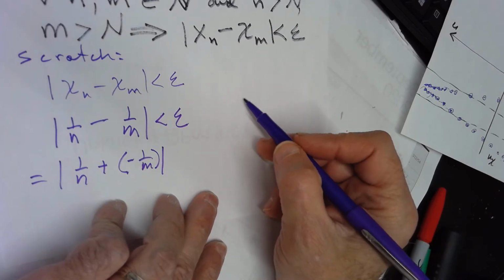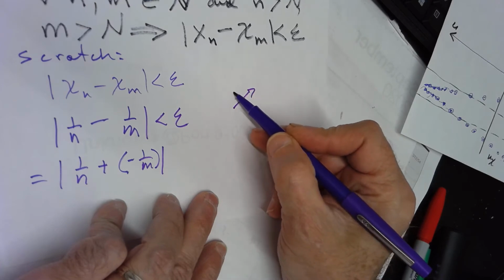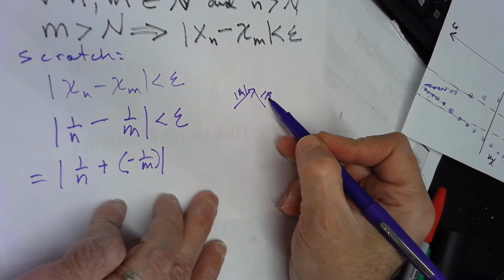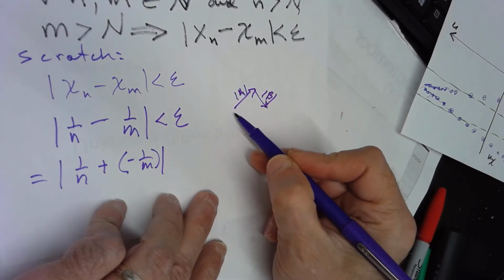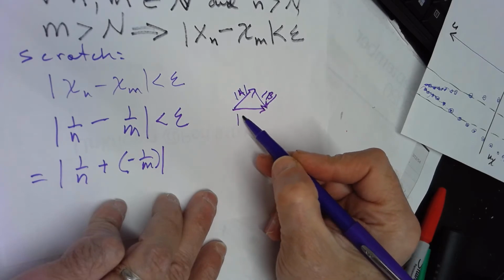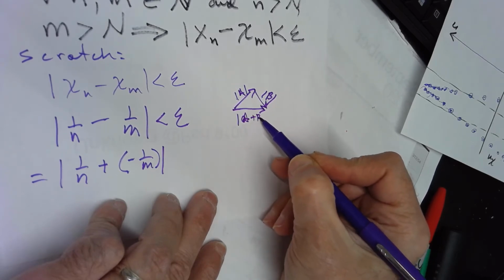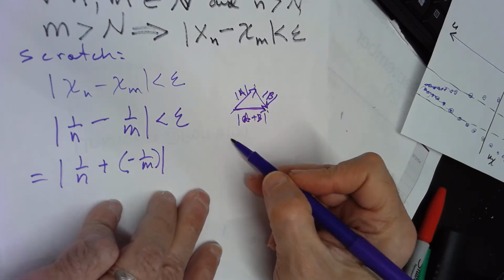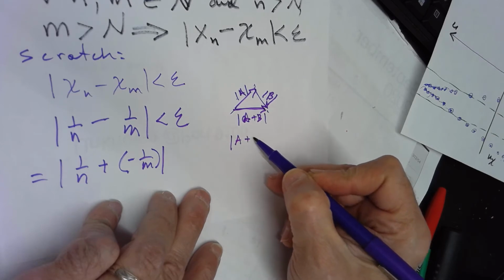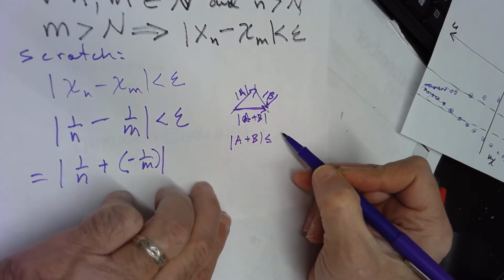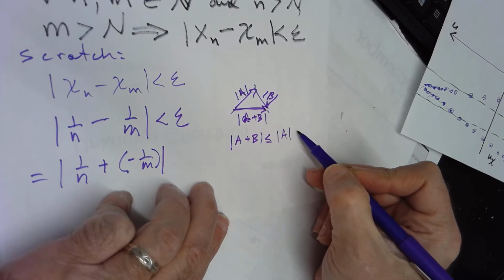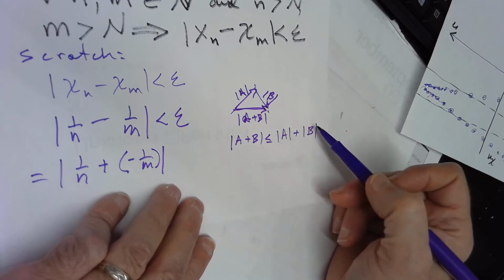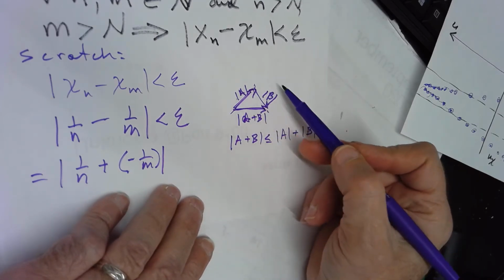To go back over that, if we had a vector A and a vector B, we get those two added together, A plus B. Well, this side is going to be less than the sum of the other two sides, so the absolute value of A plus B is less than or equal to the magnitude of A plus the magnitude of B. So if we're looking at vectors here, these are magnitudes.